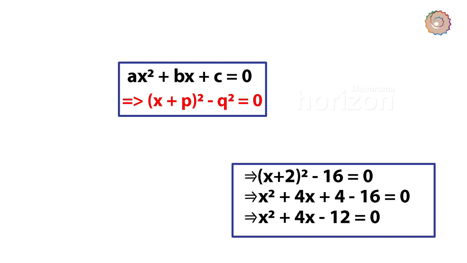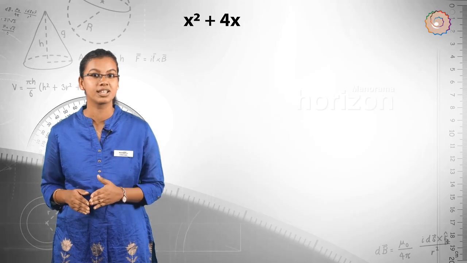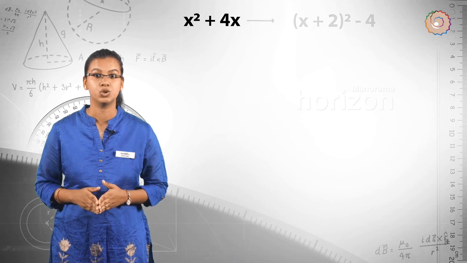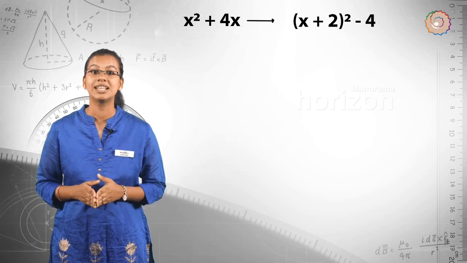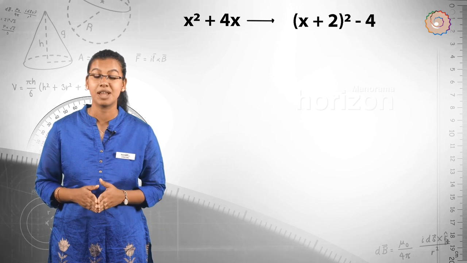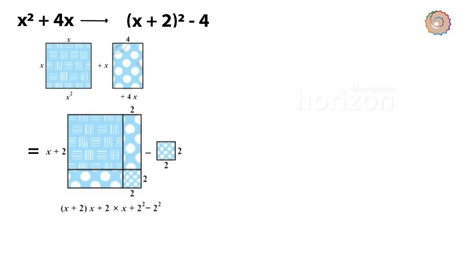To understand the concept of converting an equation to this form, let's consider the first two terms of the equation x square plus 4x minus 12 equal to 0, that is x square plus 4x. We are going to convert this to (x plus 2) whole square minus 4. Now let's diagrammatically describe x square plus 4x by joining a square of side x and a rectangle of sides 4 and x.